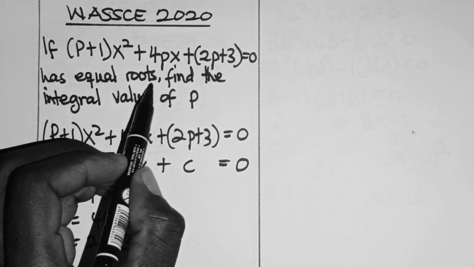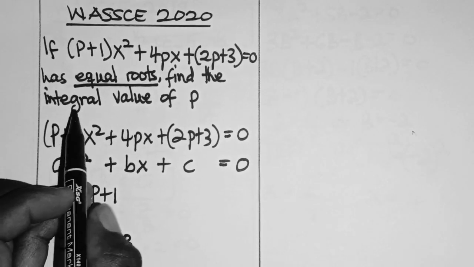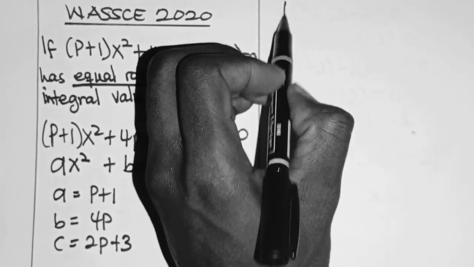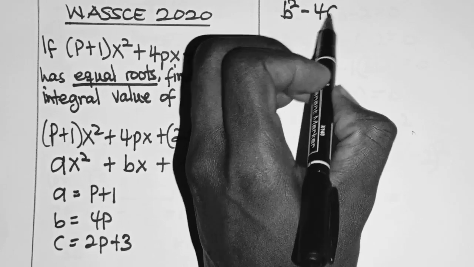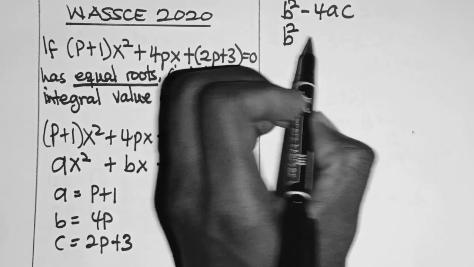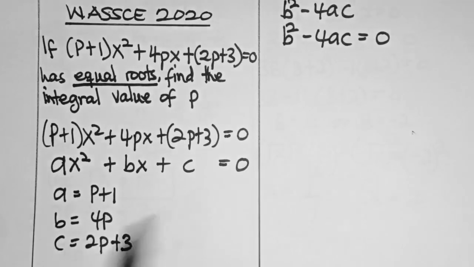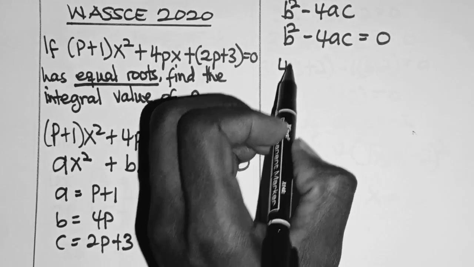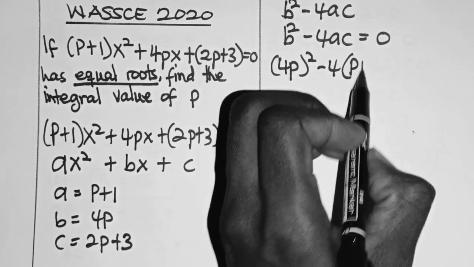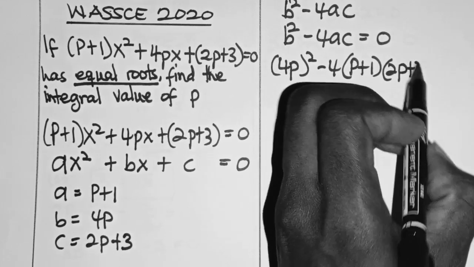However, the question says it has equal roots. So we need to use the discriminant. Remember that the discriminant of a quadratic equation is b squared minus 4ac. So for equal roots, b squared minus 4ac must be equal to 0. So b is 4p, all squared, minus 4 times a, which is p plus 1, times c, which is 2p plus 3.